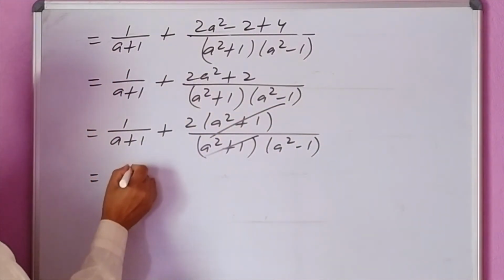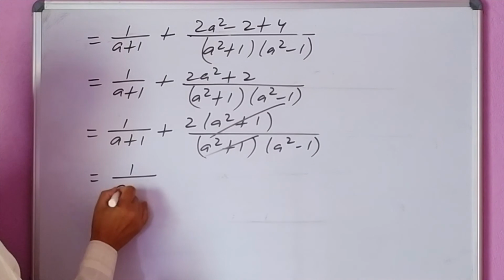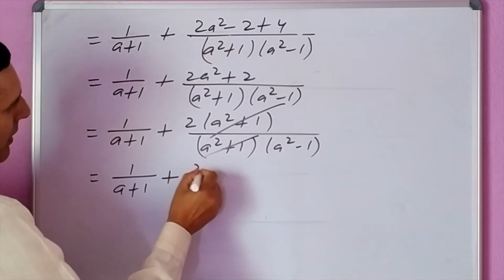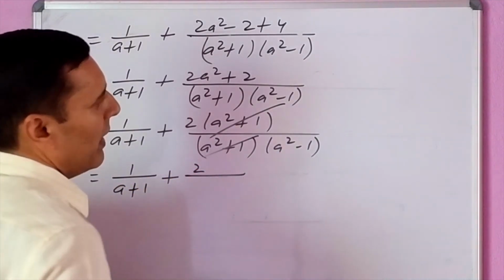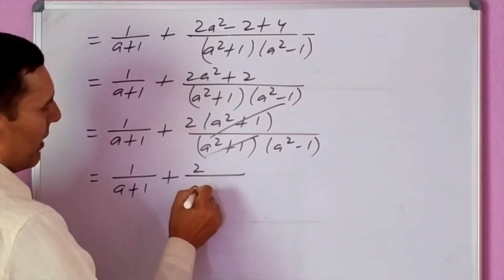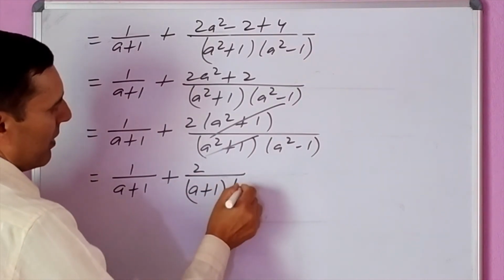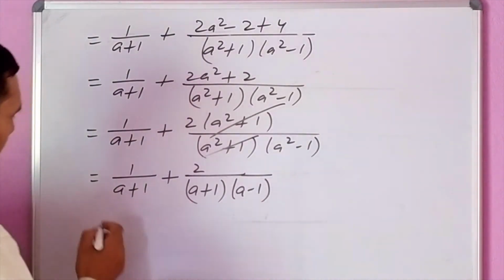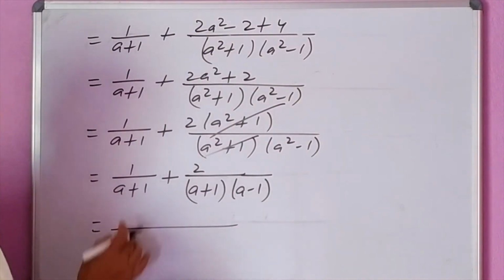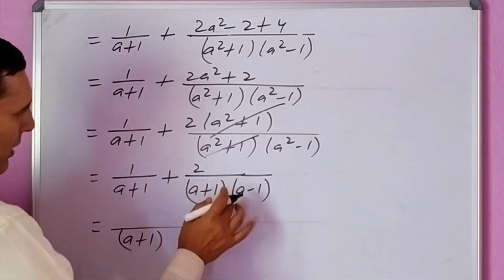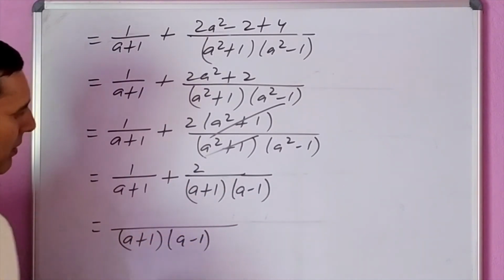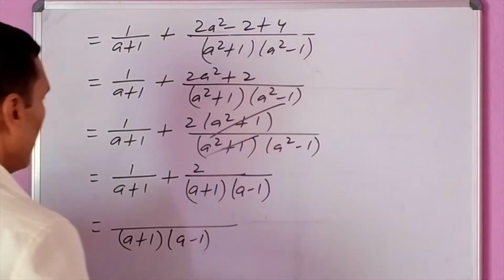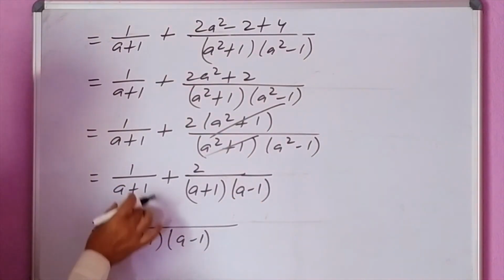Now we have 1 upon a + 1 as the first term, and here 2 upon this a^2 - 1 can be written as (a + 1)(a - 1). Now we are taking the final LCM. So a + 1 is common in both terms, and a - 1 is remaining here. So a + 1 cancels.